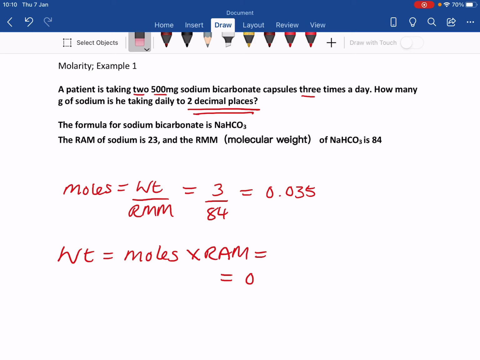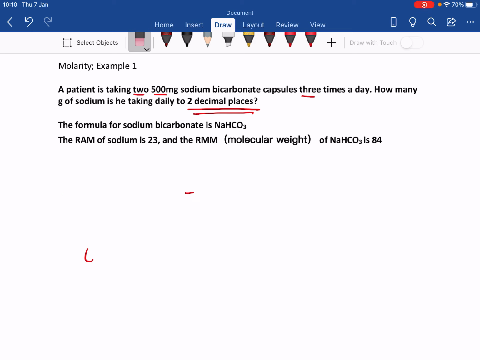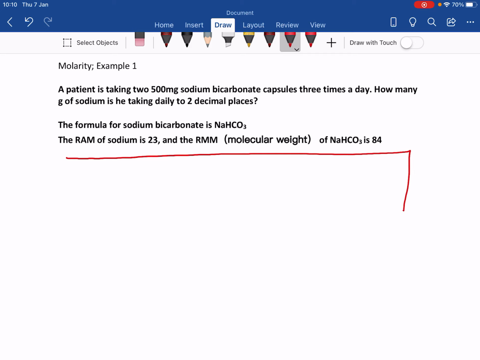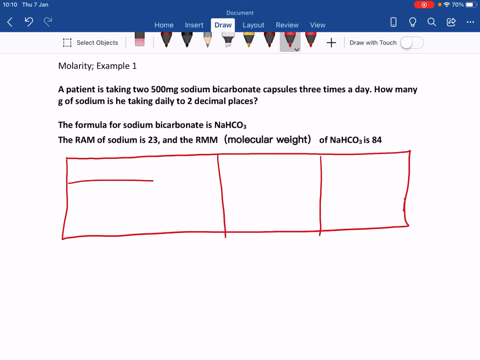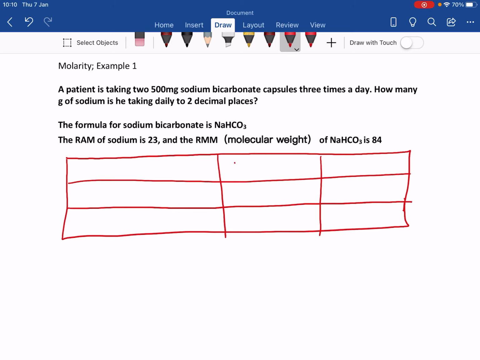So let's just get rid of these scribbles. Right, so using proportional sets, we first of all draw the table. And in this table, we have sodium bicarbonate, and we have sodium.